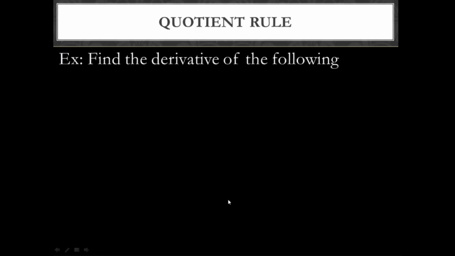Okay? So this time, ang technique na naman dito, ganito. Kapag quotient, v, then u prime minus u times v prime over square ng denominator.